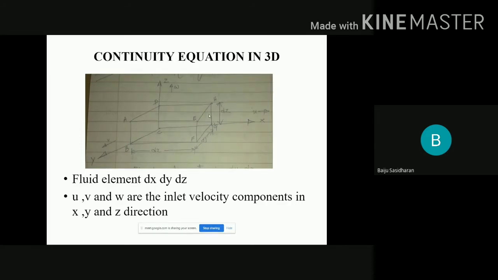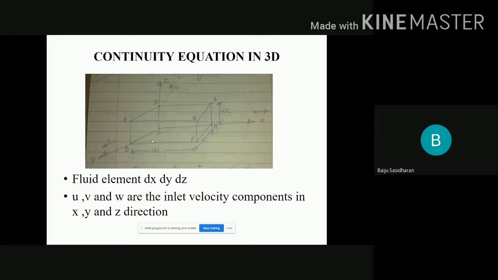Rho into v, where v is the velocity. Rho into v into the area of that face, and the area of that face is dx into dz. And what will be the exit? What is going out at the exit? Then there will be a quantity here. What is that quantity?